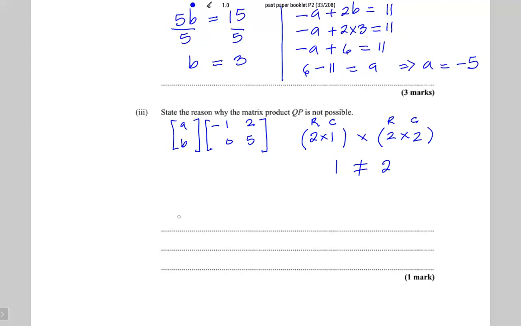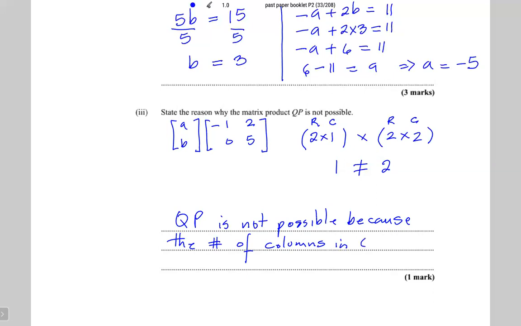So the matrix product QP is not possible because the number of columns in Q is not equal to the number of rows in P.